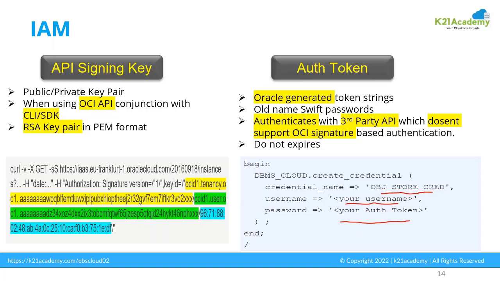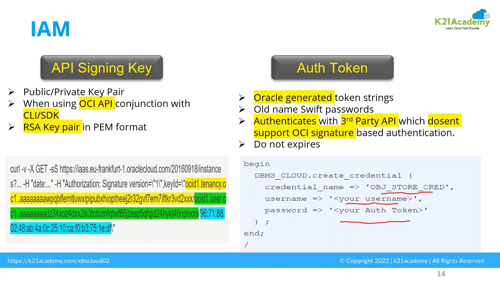You need to generate the key, similar to a public-private key pair. The public key you upload to the user you want to authenticate, and the private key stays with you.